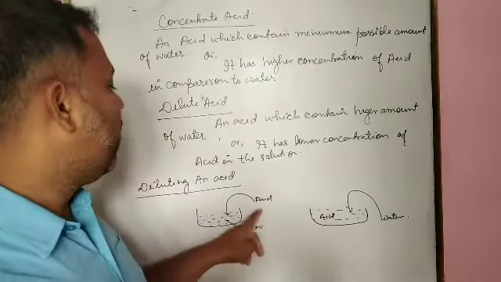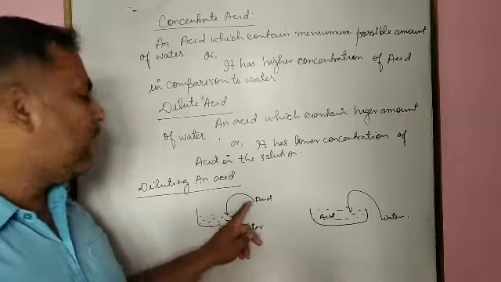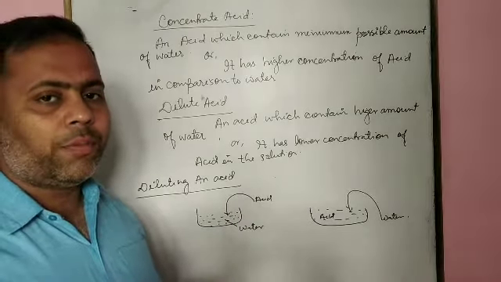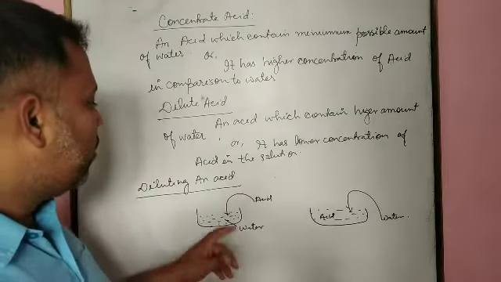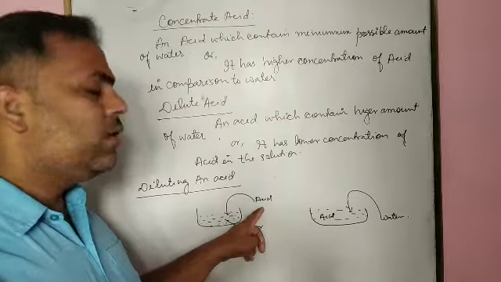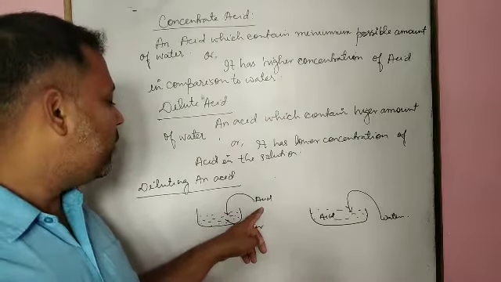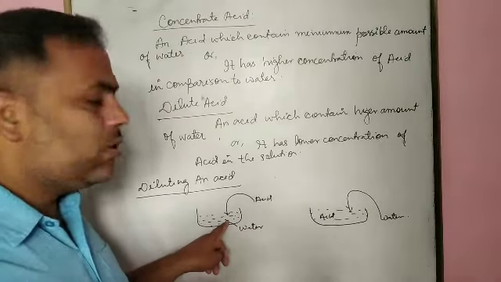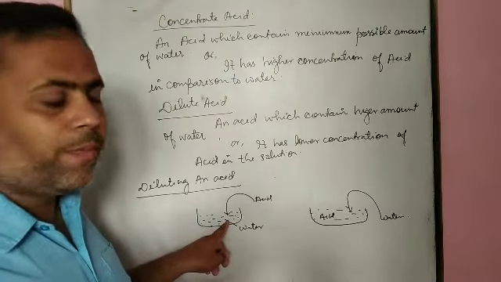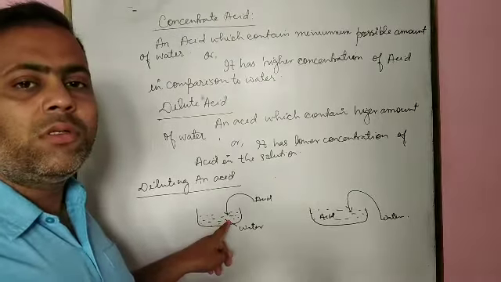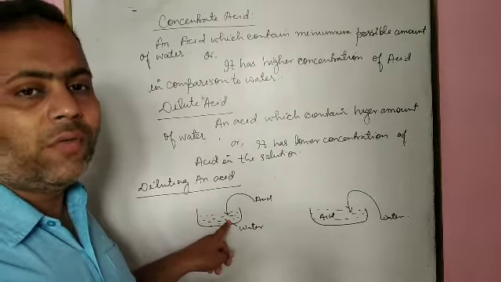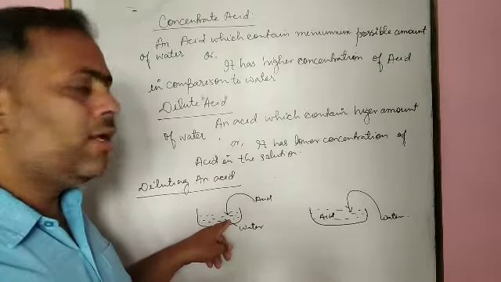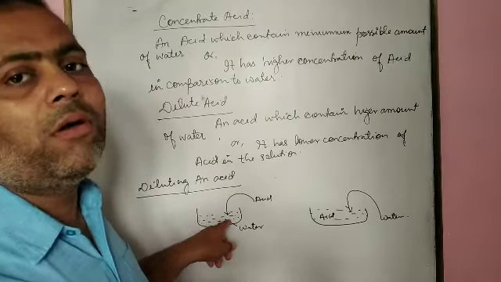But when we add acid to water, drop by drop, what happens? Acid, being heavier, settles down. When it settles down, the heat is produced with lower surface area, so the rate of chemical reaction is slow, and a lesser amount of heat is produced.